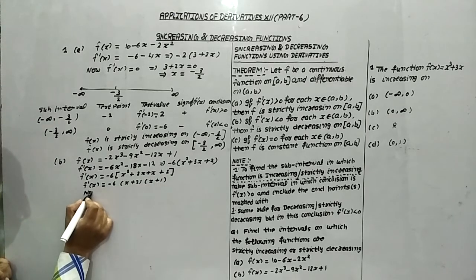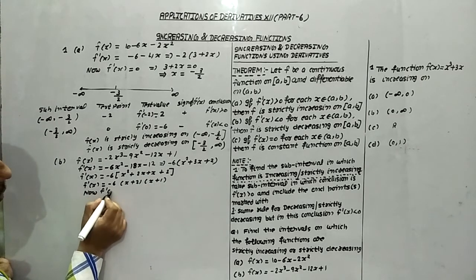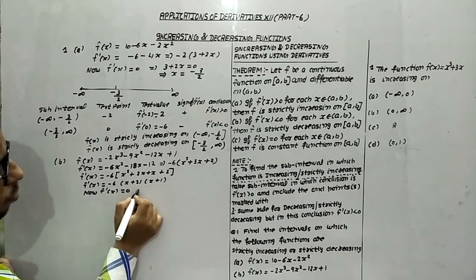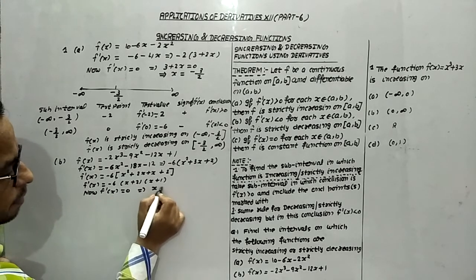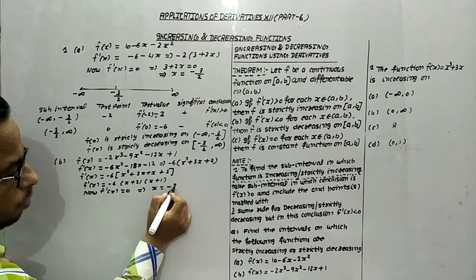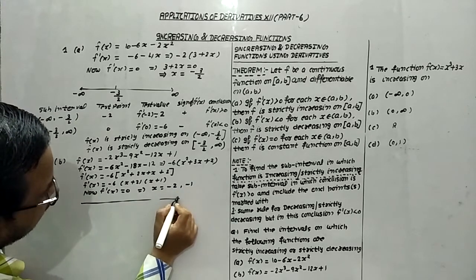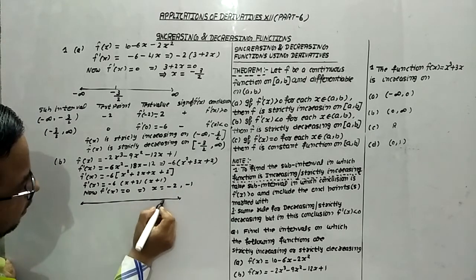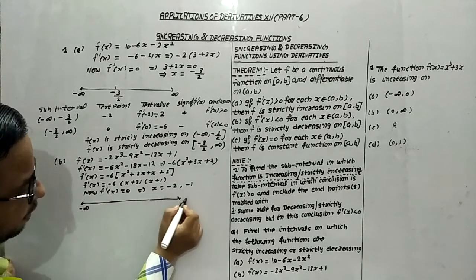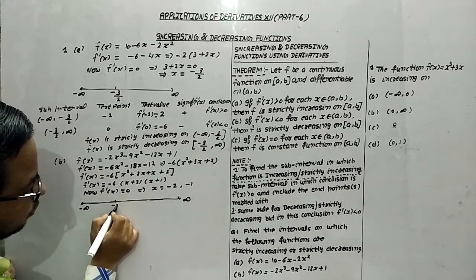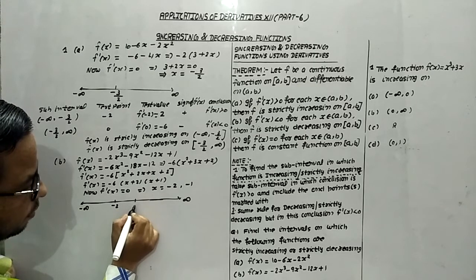Now f dash x equals 0. Once f dash x equals 0, it implies that x equals minus 2 and minus 1. Now we will make the number line. On this number line, this is minus infinity, this is infinity, this is minus 2, and this is minus 1.